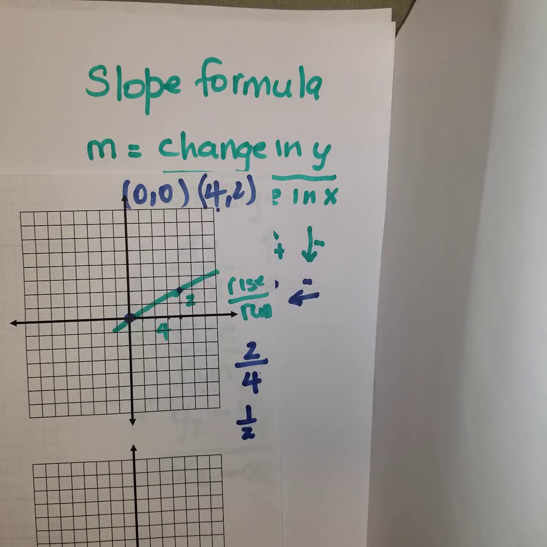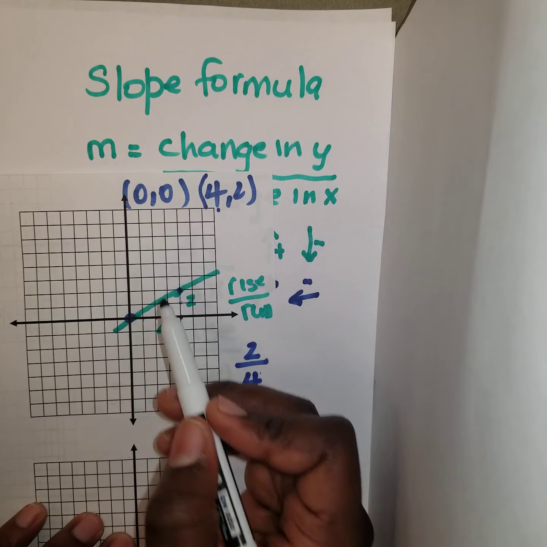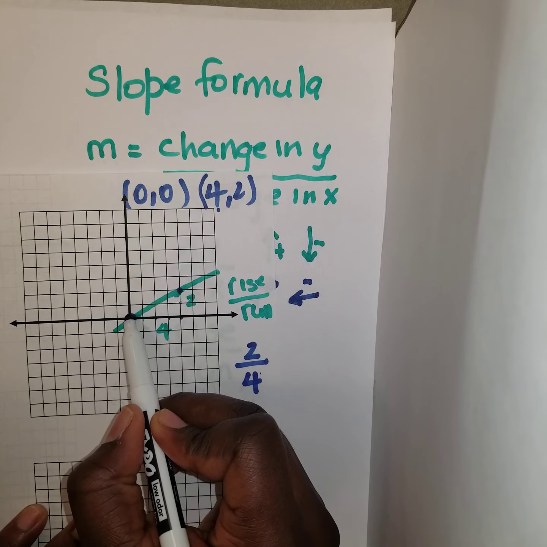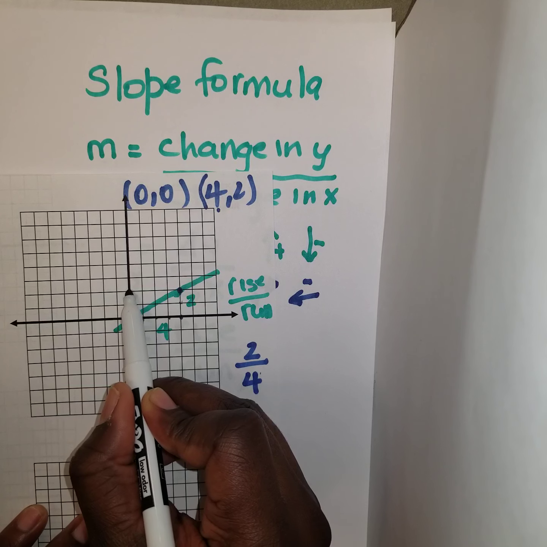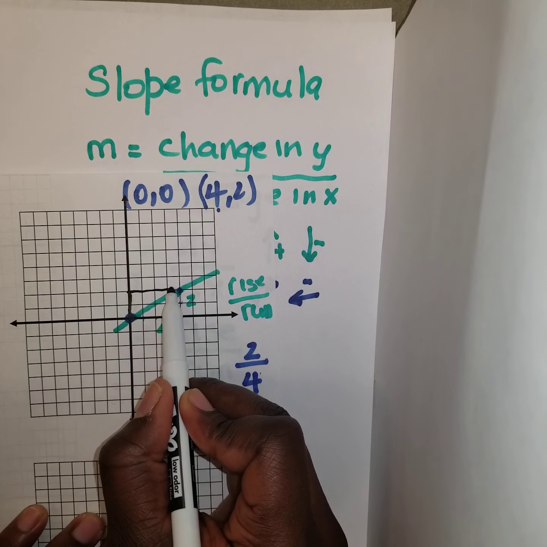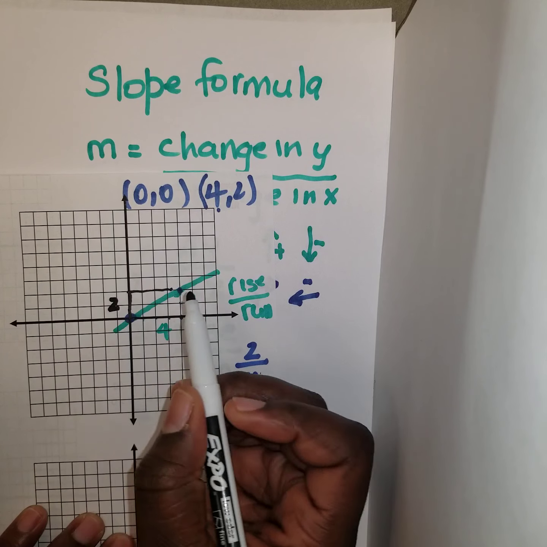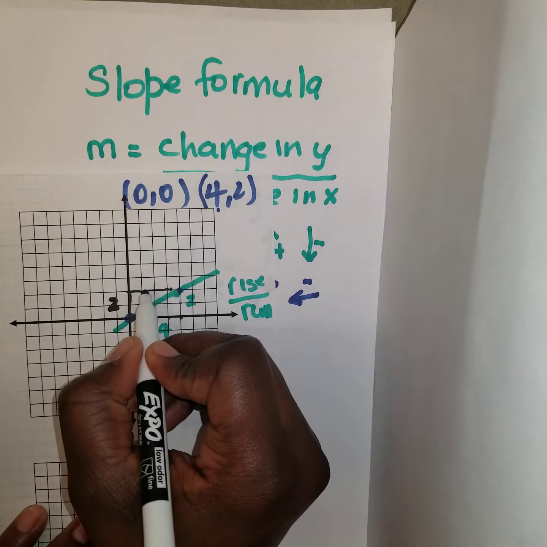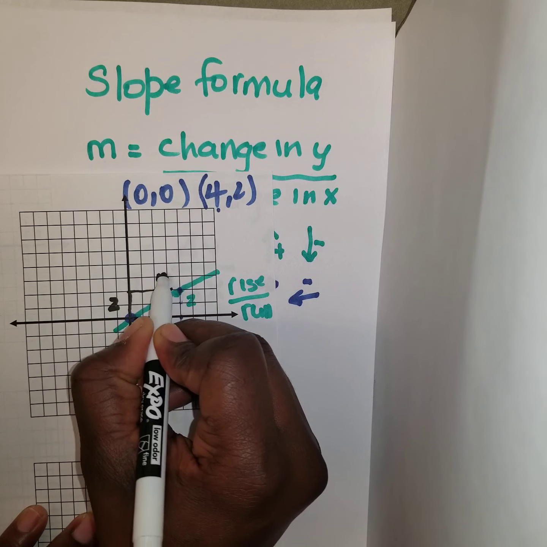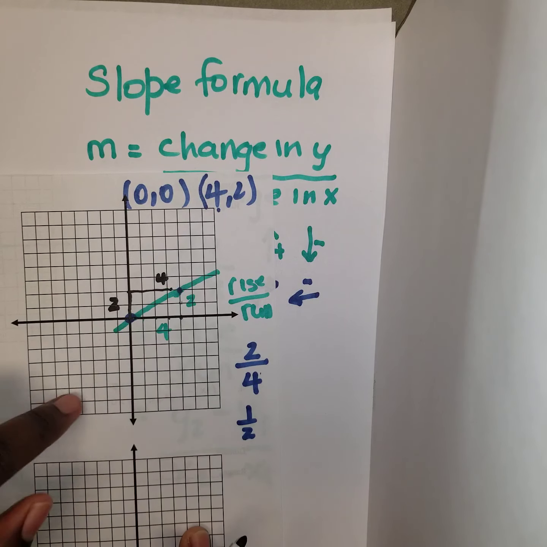Let's draw the triangle above the graph. So I can choose to go upwards, then I go sideways, okay? If I go upwards, it's going to be 2. And if I go sideways, it's 1, 2, 3, 4. It's going to be 4. Let's go again.